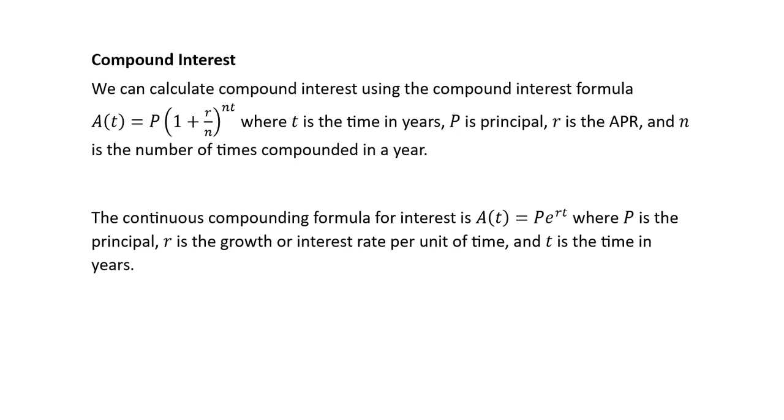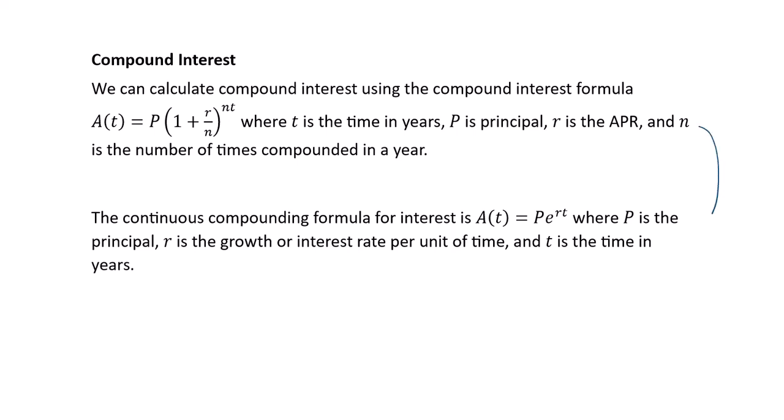If we have an account that is using continuous compounding interest, then that formula is A of t equals P times e to the RT. P is the principal, R is the growth or interest rate per unit of time, and T is the time in years.